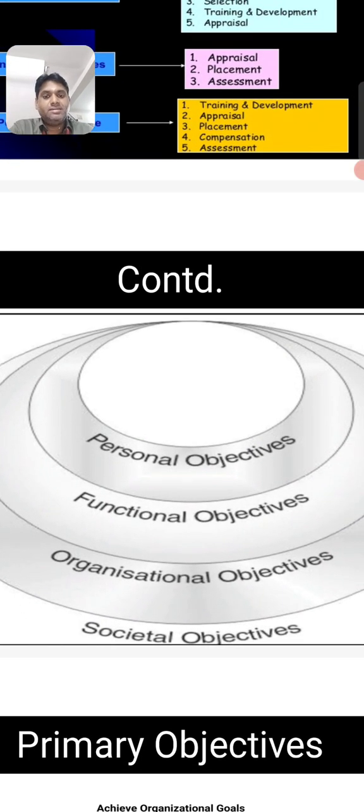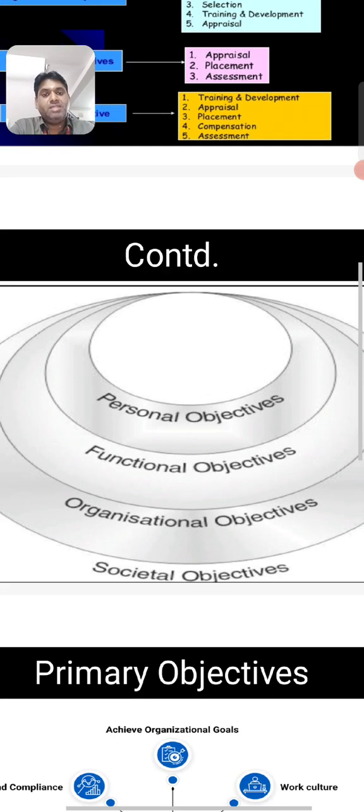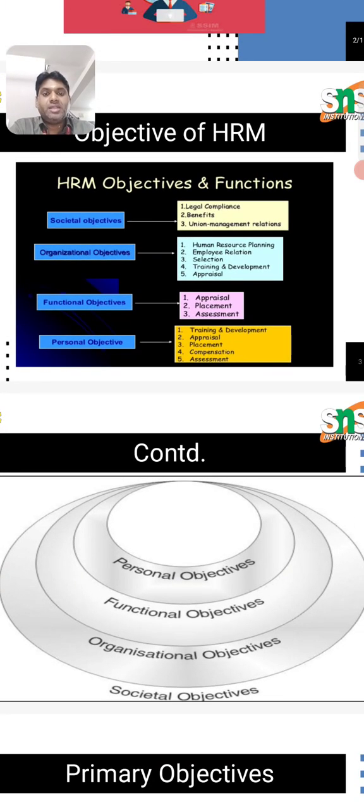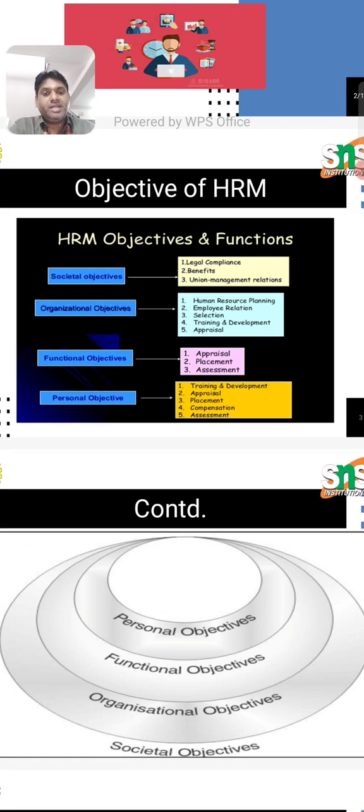This slide explains the social objective, organizational objective, functional objective, and personal objective. These are the four major objectives which run the organization and help human resource to function better.